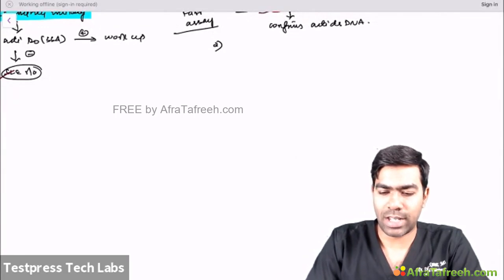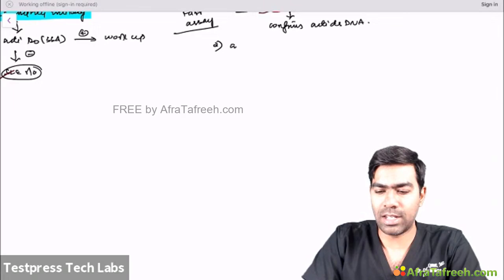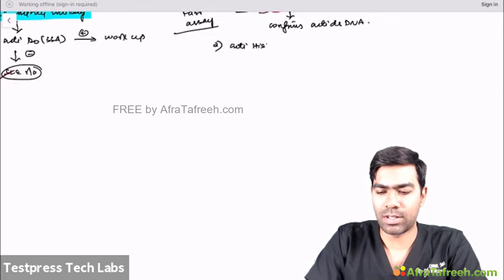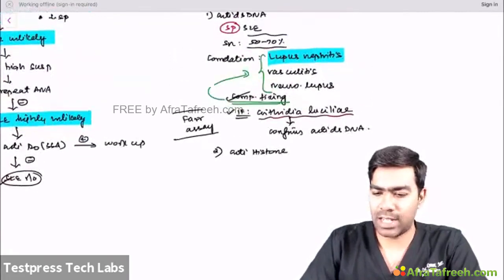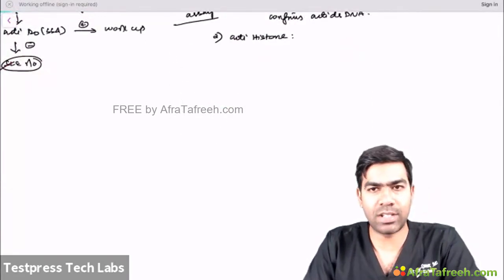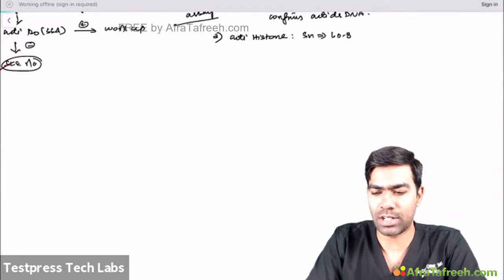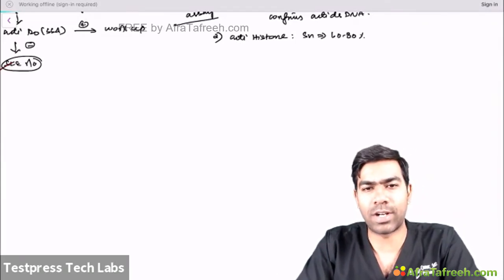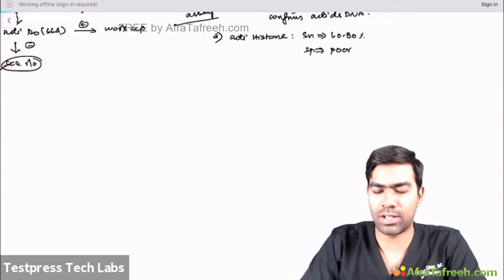Then moving on to the second important antibody, that is the anti-histone antibody. It is also a nuclear antibody. As far as the anti-histone antibody is concerned, the sensitivity is good. It is 60 to 80% in systemic lupus erythematosus, but the specificity is poor.